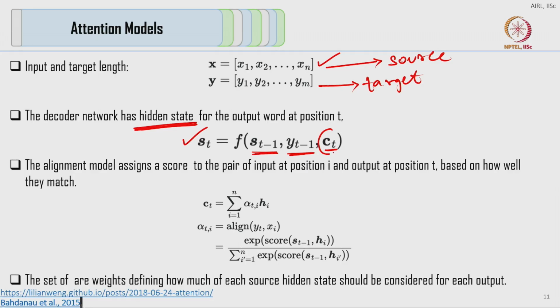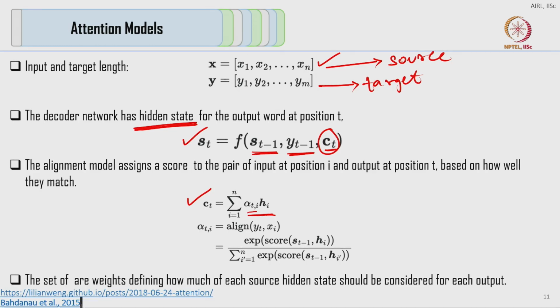The context vector is the part that links both the input and the output. It can be defined as a weighted sum of all the hidden states of the input, which is hi, with a learnable alpha, right.